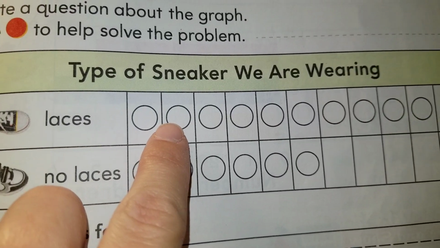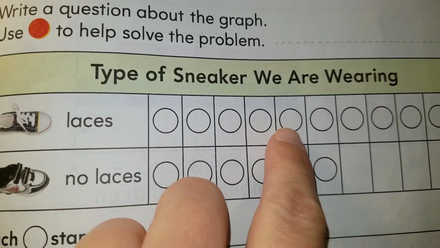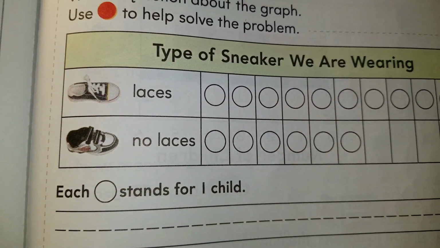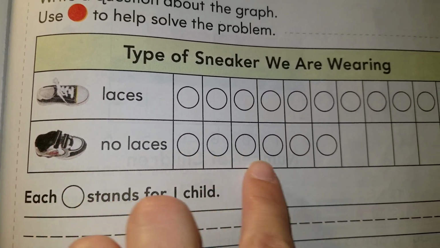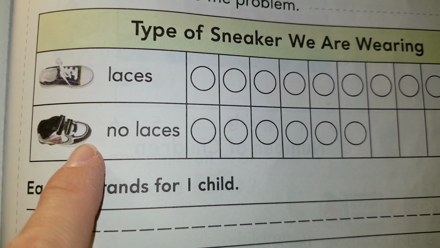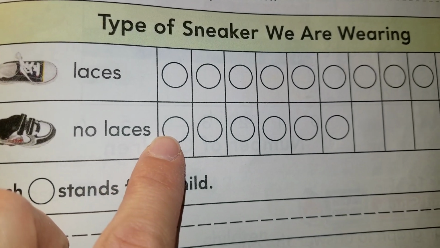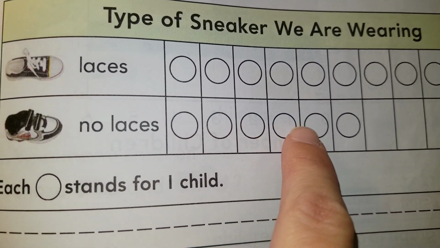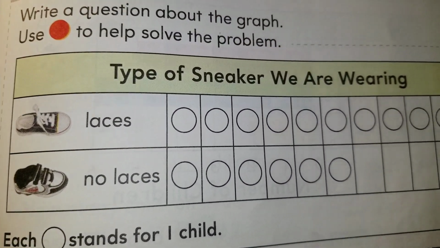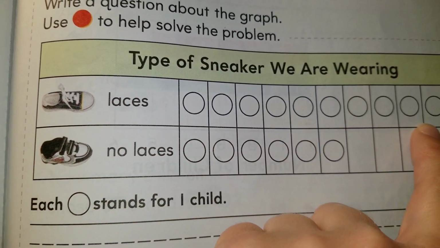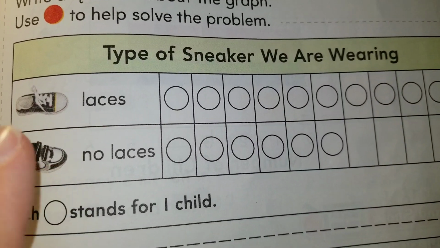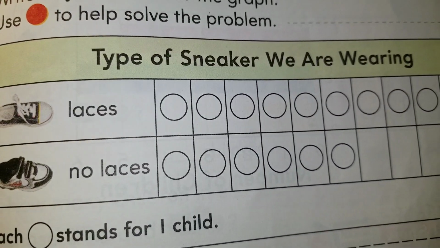We have 1, 2, 3, 4, 5, 6, 7, 8, 9, and 10. Over here we have the kids that said, no, I don't have sneakers with laces, I have sneakers with Velcro. Let's see how many. 1, 2, 3, 4, 5, 6. So now we know that there are more children wearing sneakers with laces than children wearing sneakers with Velcro or no laces.